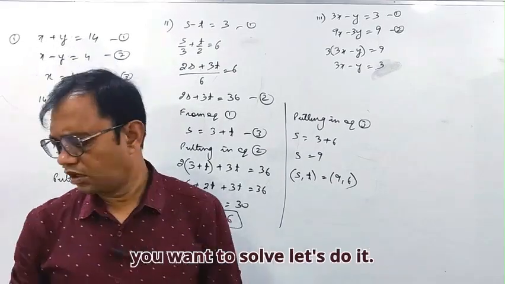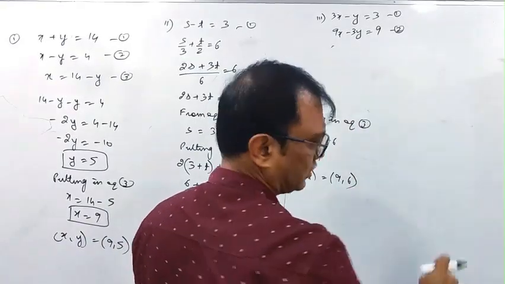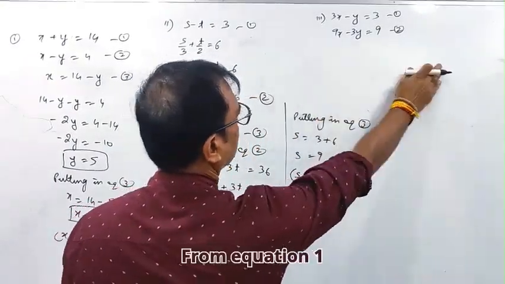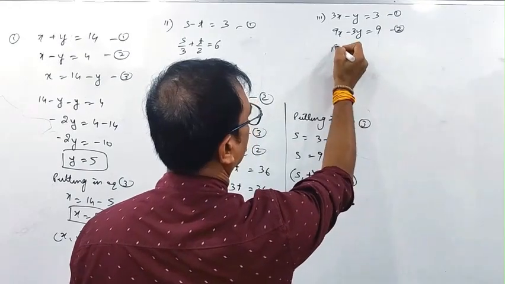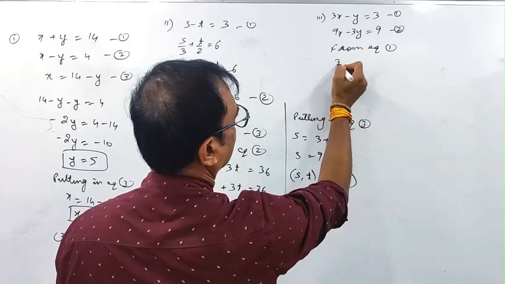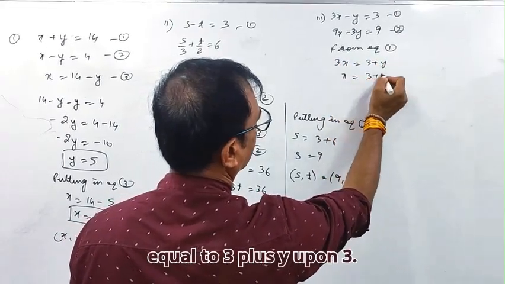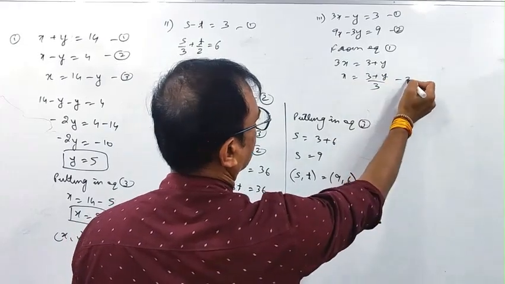Even so, if you want to solve, let's do it. From equation 1, x equal to 3 plus y upon 3.